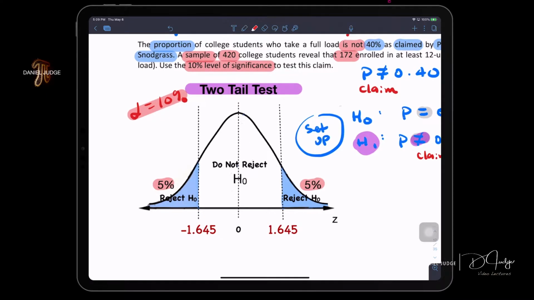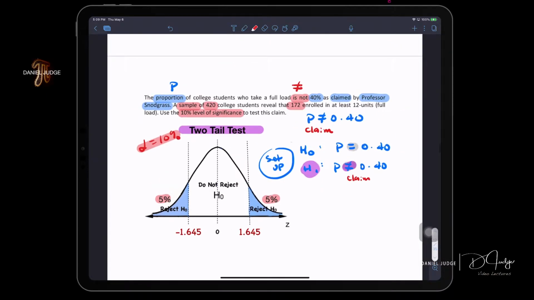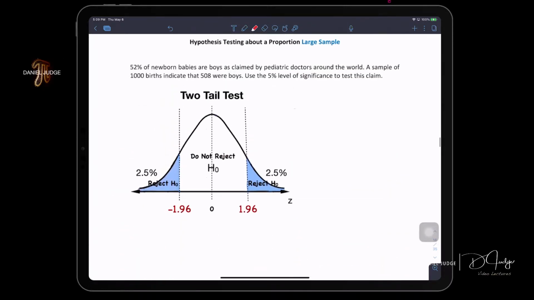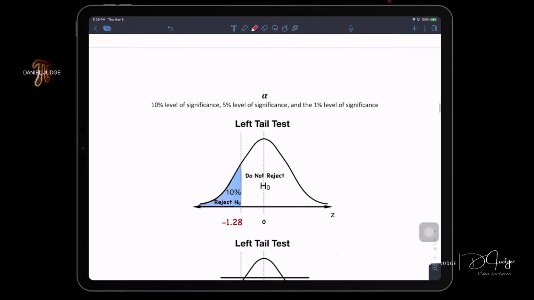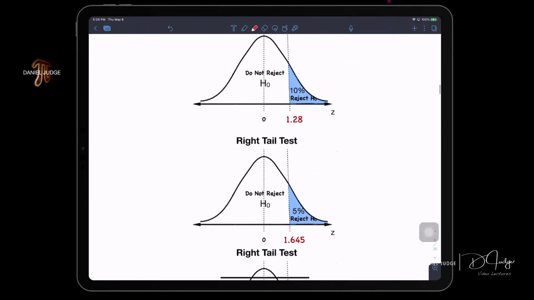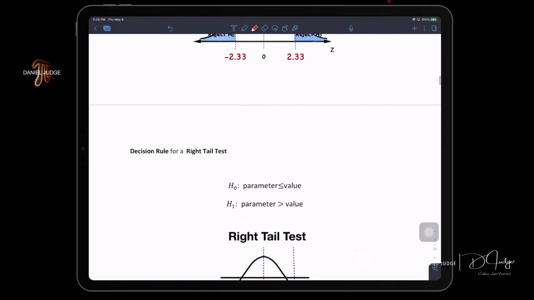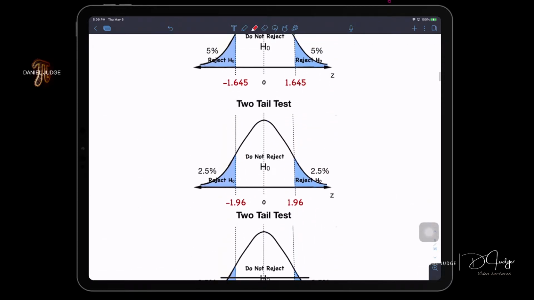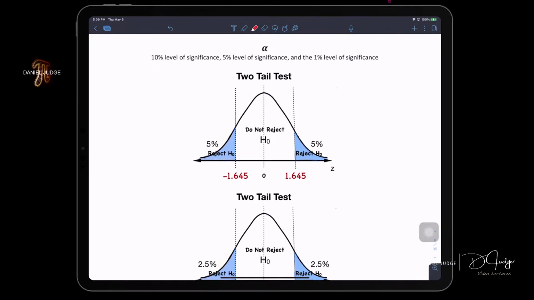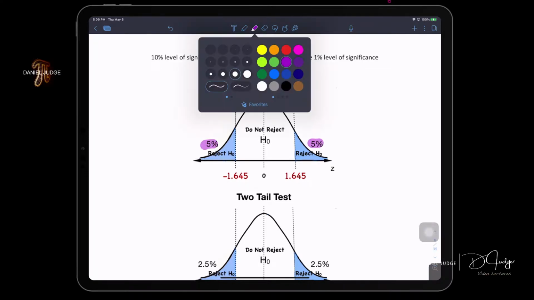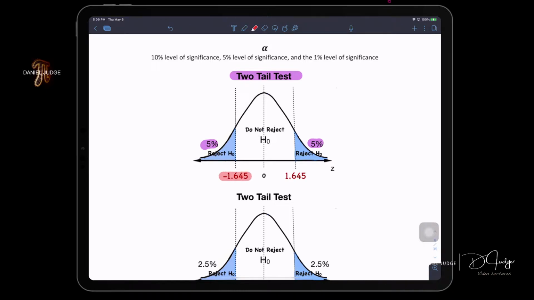Now, for the 10% level of significance for two tails, what I went over earlier here, if we go all the way back to the two tail summary here, this is what I want you guys to remember. Make sure you have these in your notes. 10% two tails. Right? 10% two tail is right here. Here's the alpha. 5 and 5 makes that 10. Notice your critical values are negative 1.645 and positive 1.645.